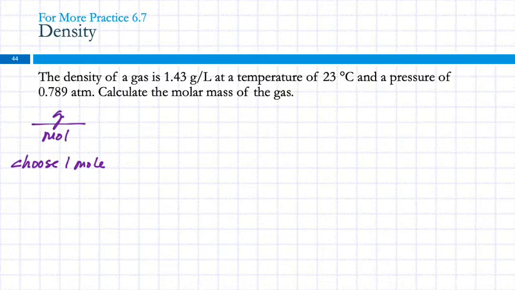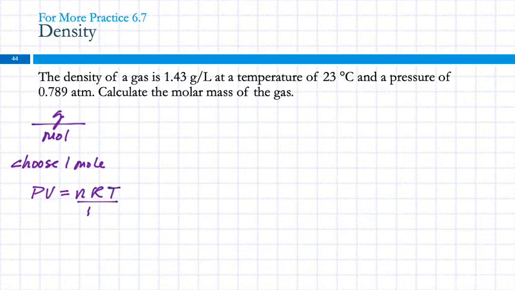So I'm given the density, 1.43 grams per liter. I'm given the temperature and the pressure. Could I find the volume of this gas? PV equals nRT.